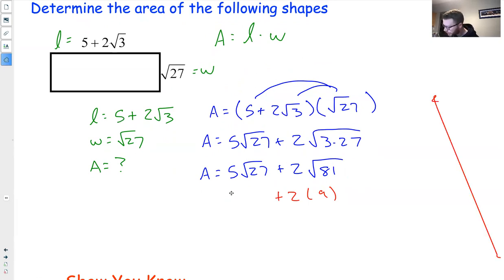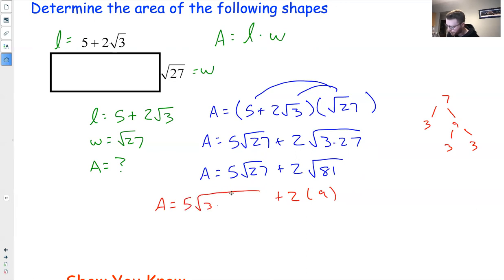So 27 will be the product of 3 times 9. And to get to 9, it is 3 times 3. So root 27 becomes 3 times 3 times 3.